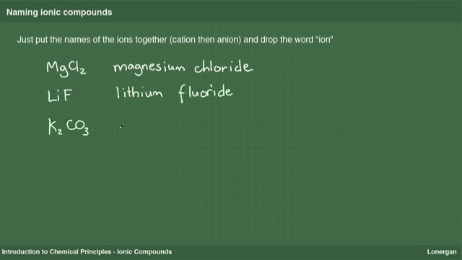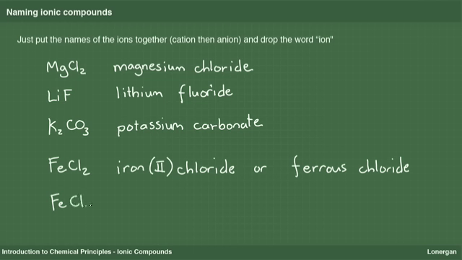K2CO3, potassium carbonate. FeCl2, iron(II) chloride, or ferrous chloride. FeCl3, iron(III) chloride, or ferric chloride. Note that in the older method for naming the iron salts, the Latin name for iron, ferrum, was used, which is also the origin of the Fe symbol.